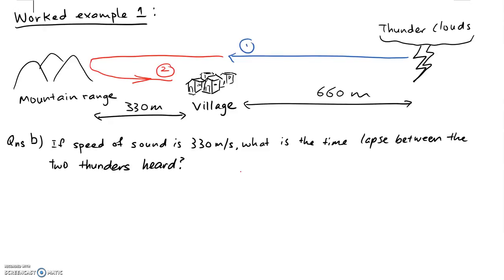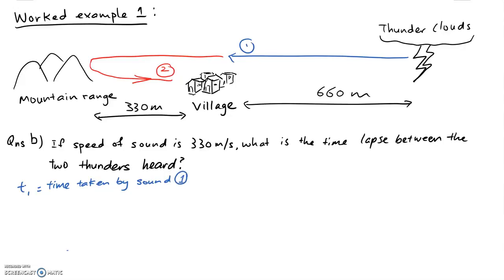So similar approach, we will first find out what is the time taken for T1 and what's the time taken for T2, where T1 is the time taken by sound 1 to reach the village.